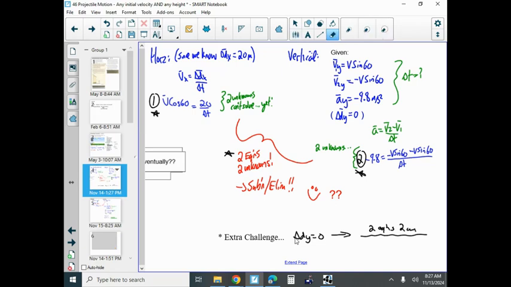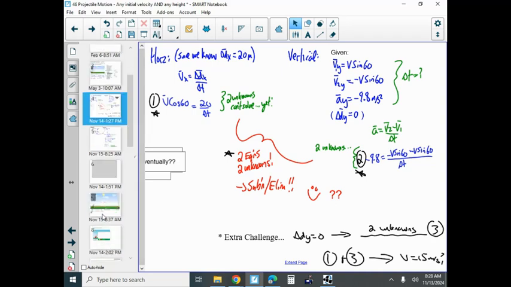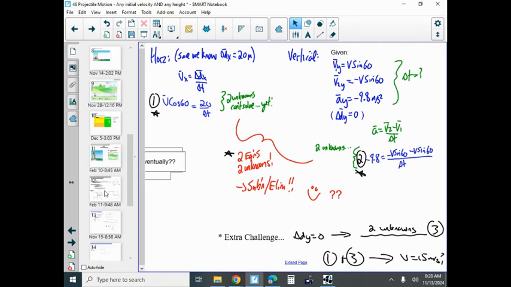Or actually, it should have just said 2 unknowns, right? And so this would be an alternate equation where you have like equation 3. Well, what happens with equation 1 and equation 3? You should be able to get that same answer, 15. Right? If you go through that and you get 15, you're on the right track. You can tackle anything, right? That's the goal.